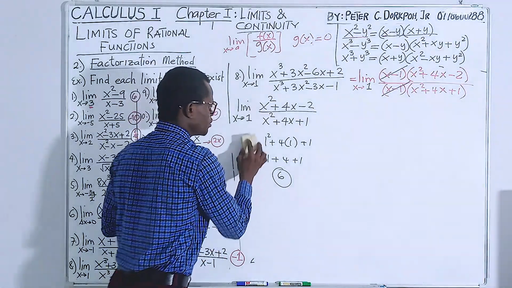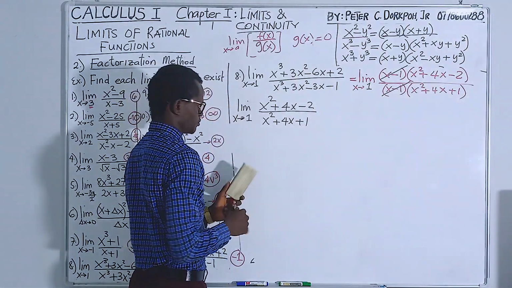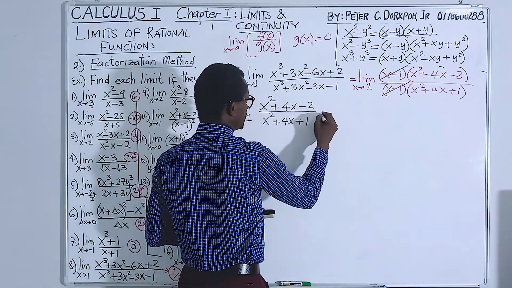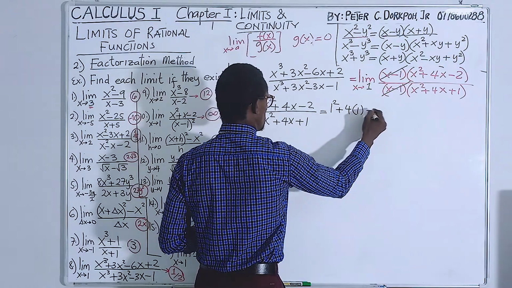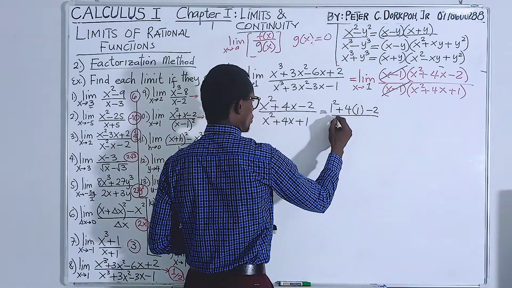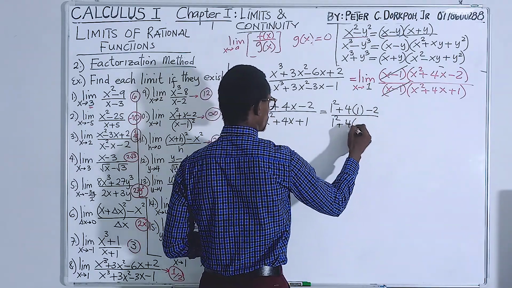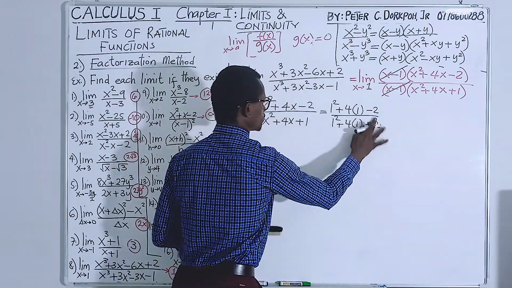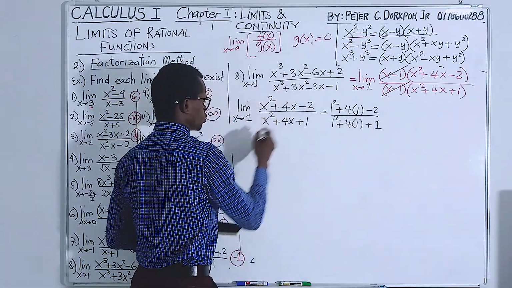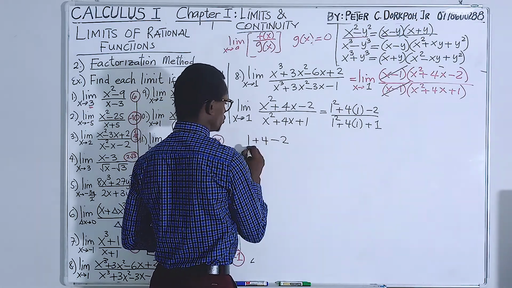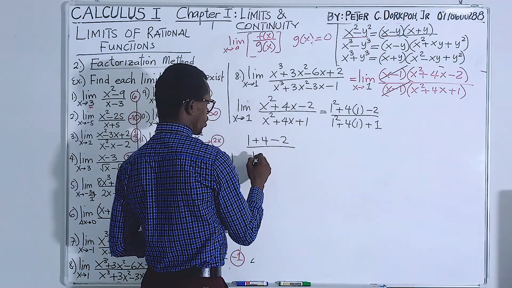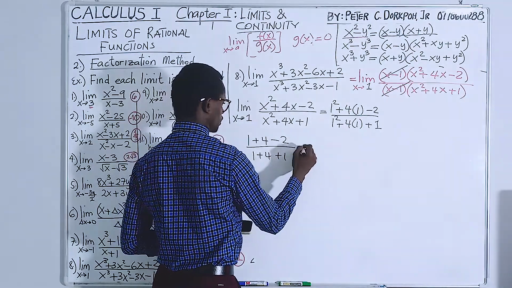So at this stage, we apply the limit. If we apply the limit now, you have 1 squared plus 4 times 1 minus 2, all over 1 squared plus 4 times 1 plus 1 now. So 1 times 1 is 1, 4 times 1 is just 4, minus 2, divided by 1 plus 4 plus 1.